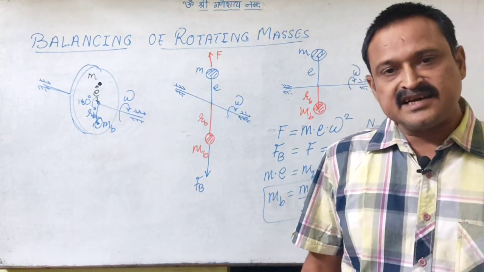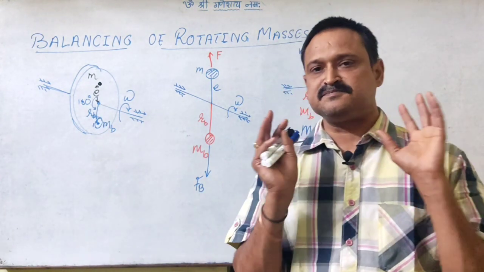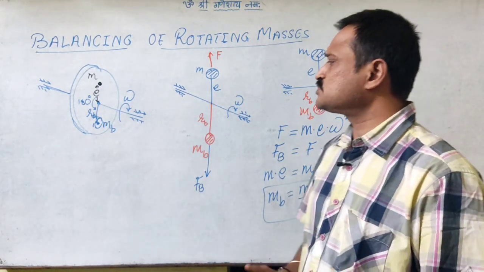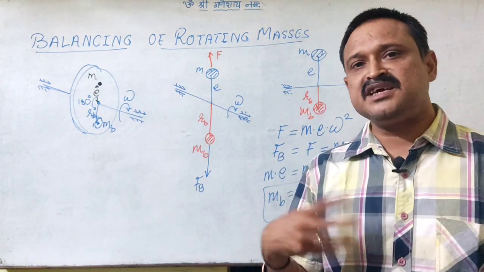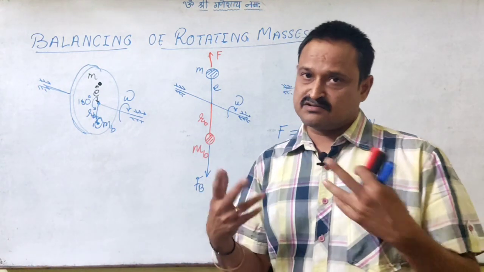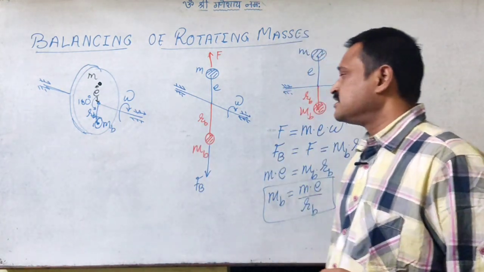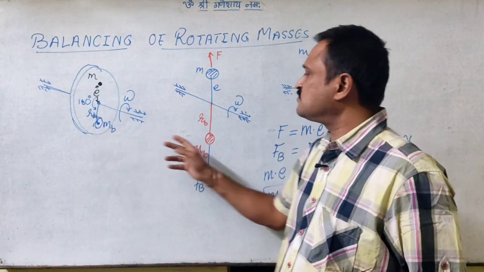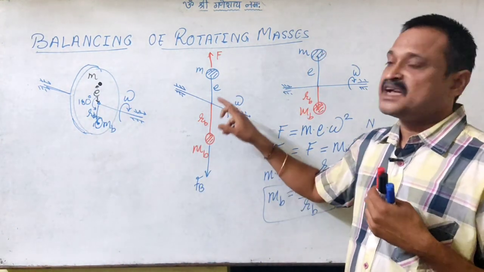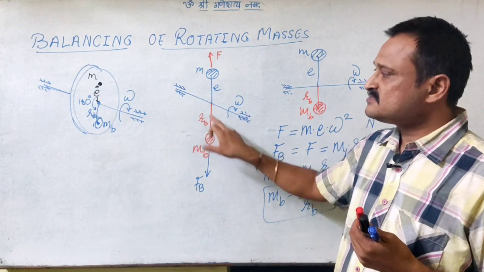So we add these additional masses in the system then and there. That means we will be increasing the bulk or the total mass in the system if these values are too great. So if I want to reduce this mass, I can increase the radius.